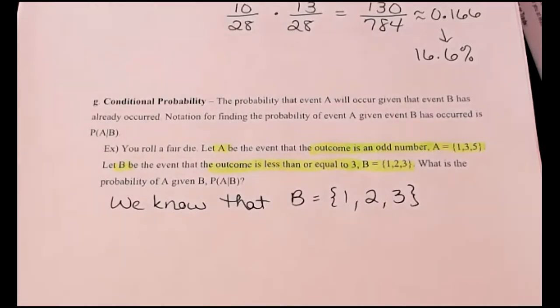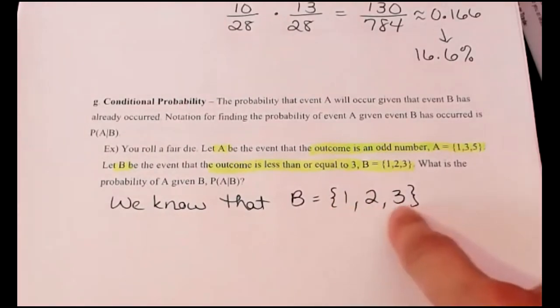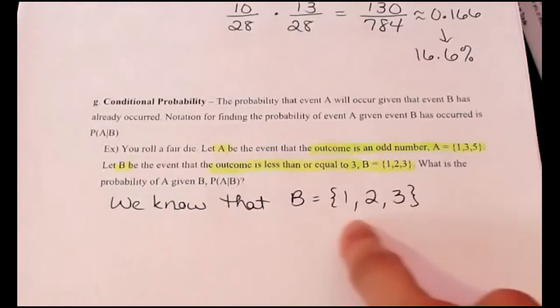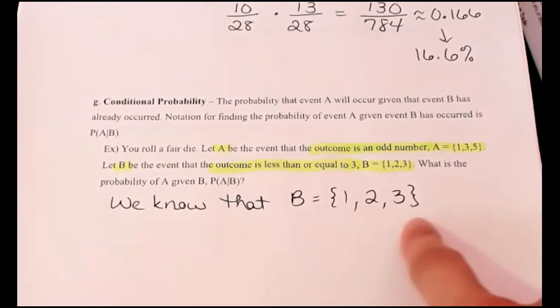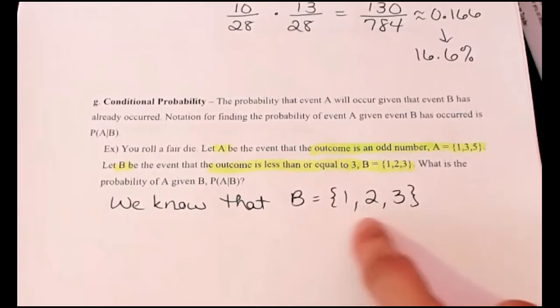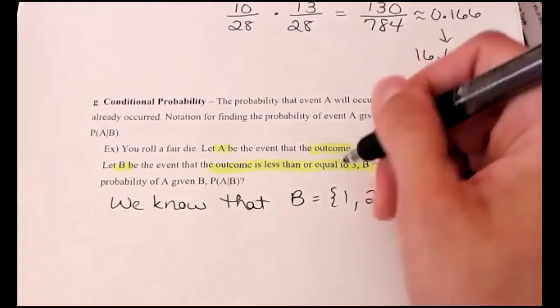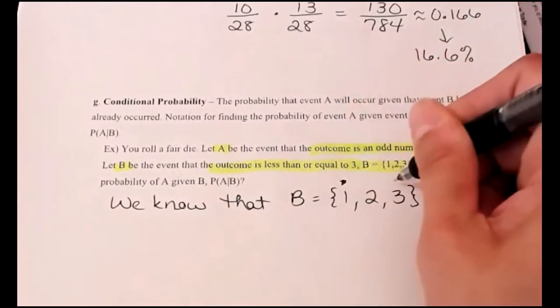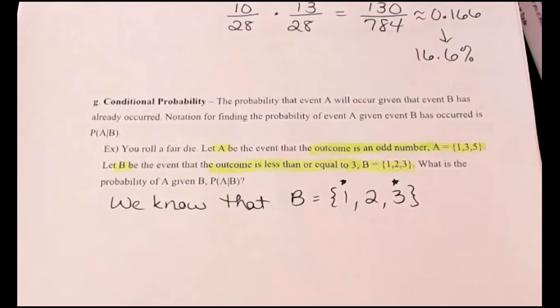Because it's conditional, stating that B has occurred, this is when we say, well, okay, let's look at set B, which only has 3 elements. What are the chances that our outcome is an odd number? And we're going to say, well, only 2 out of the 3.